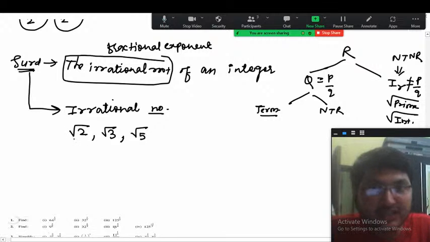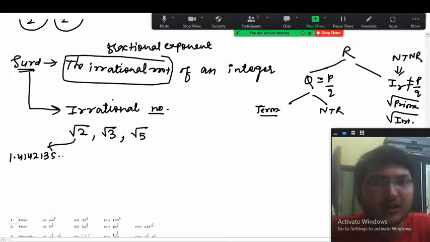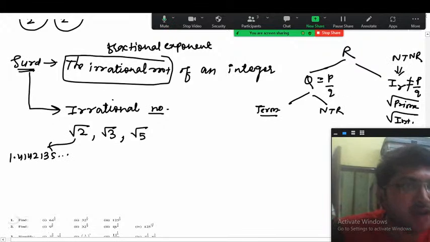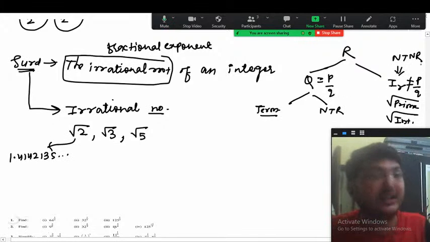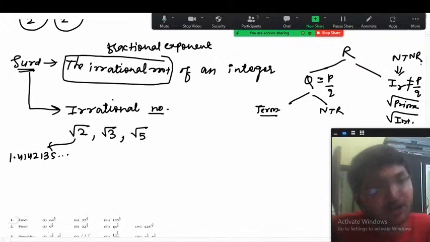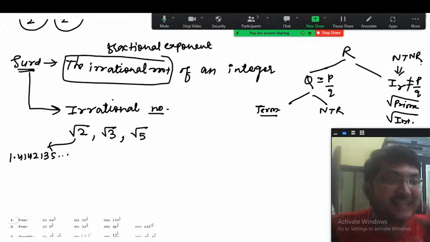And their decimal values are non-terminating and non-repeating. They are not going to repeat anyway. As long as you long divide it, you will not be able to reach its termination.